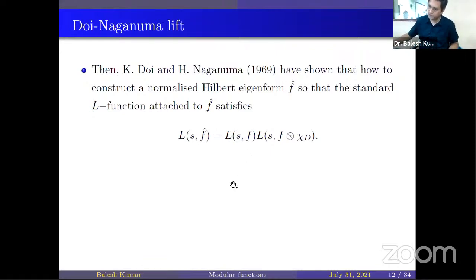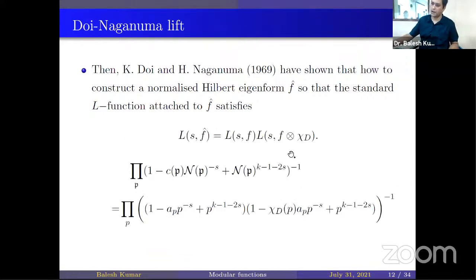And so in this case also we have nice Euler factors. If one writes the Euler product of both sides and compares the Euler factors, then one can actually deduce the Fourier coefficients of this Hilbert Hecke eigenform.